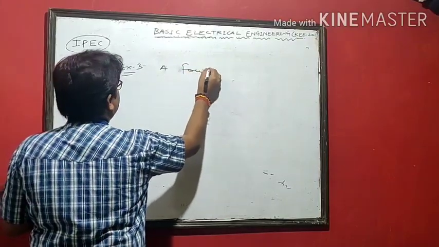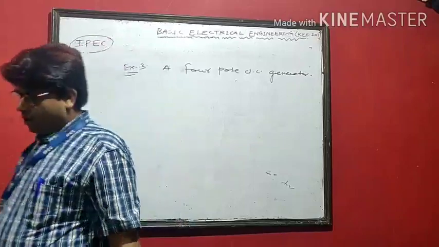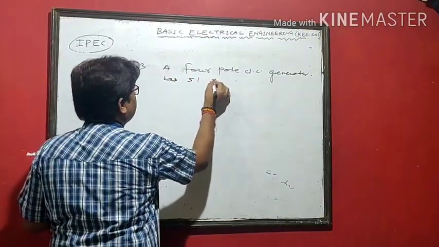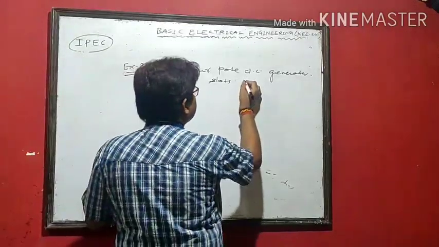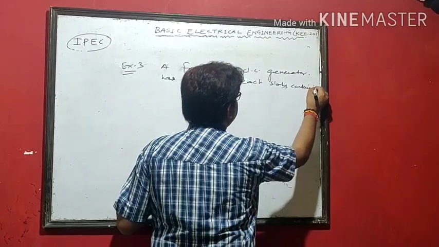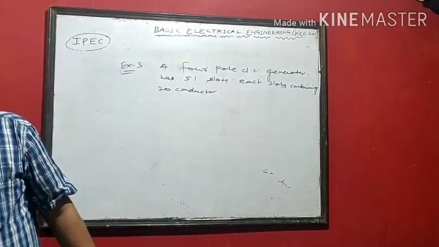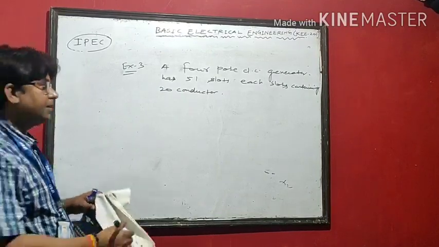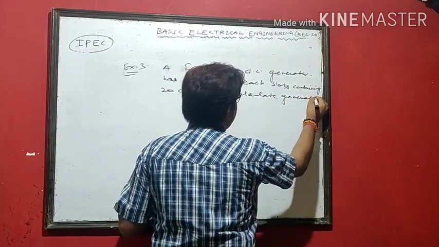A 4-pole DC generator has 51 slots, each slot containing 20 conductors. Calculate the generated voltage when running at speed 1500 rpm.